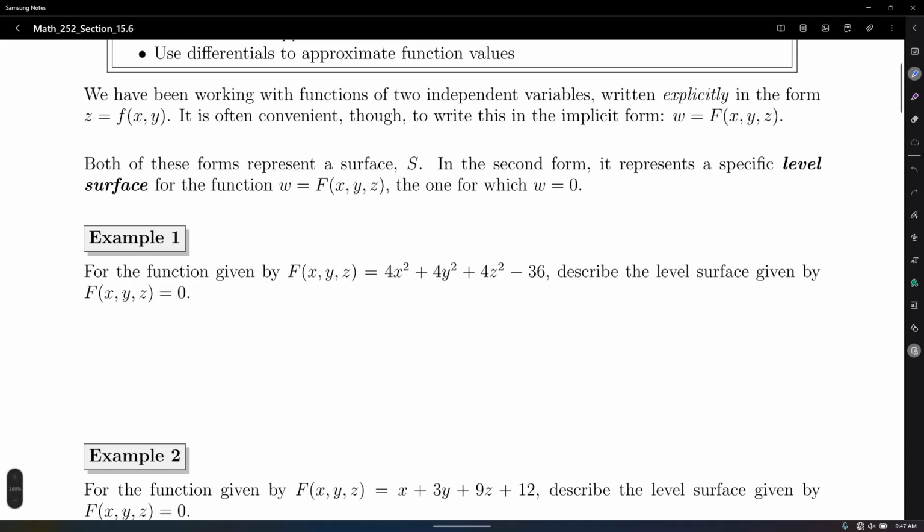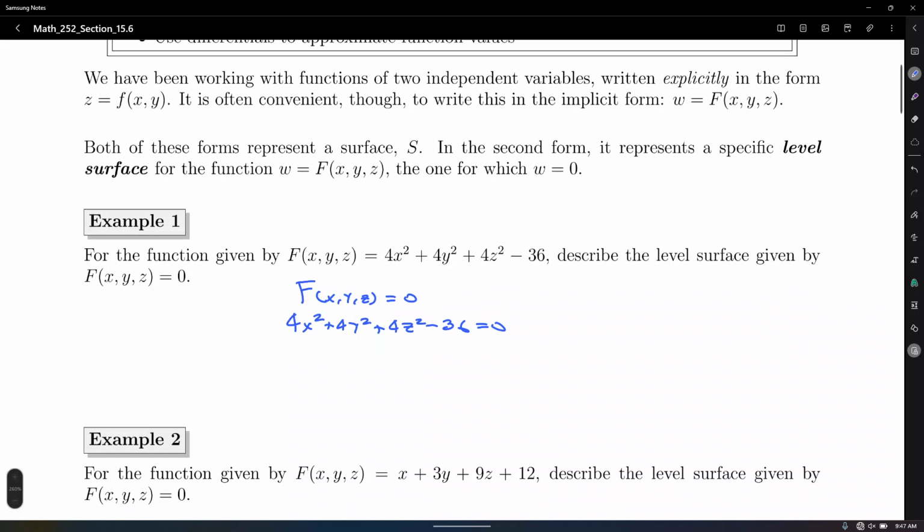They're asking us to describe the level surface given by f of x, y, z equals 0. That means we're going to set 4x squared plus 4y squared plus 4z squared minus 36 equal to 0.